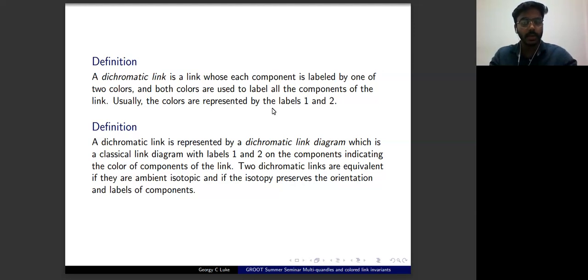The two colors we usually represent as 1 and 2. A dichromatic link can be represented by a dichromatic link diagram, which is a classical link diagram with labelings on the diagram indicating the color of the corresponding components.